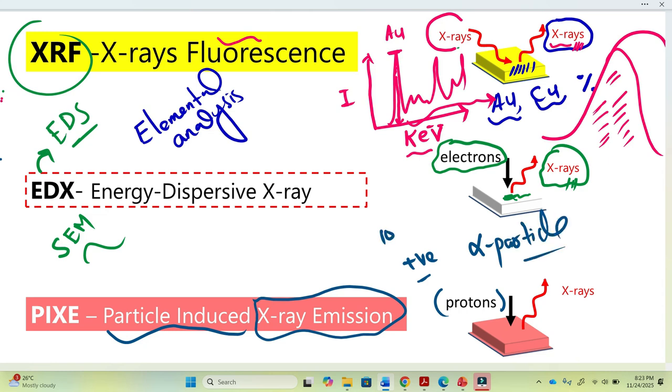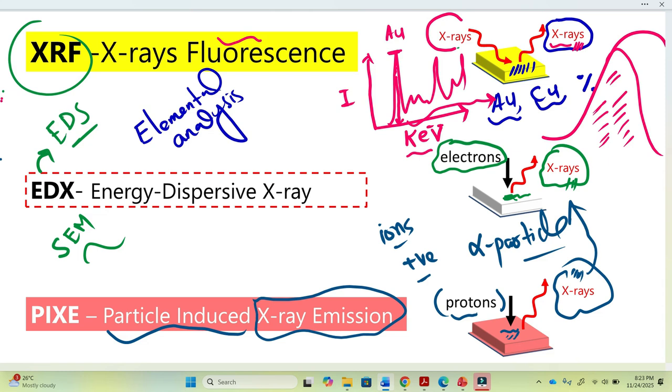We can also use some ions, but mostly these machines use protons as the bombardment particle, and protons do the same job. Basically these protons eject the core electron, and because of that core electron vacancy, we have transition from a higher shell electron, and because of that difference in energy, we get X-ray here, and these X-rays contain the same information just like EDX and XRF.